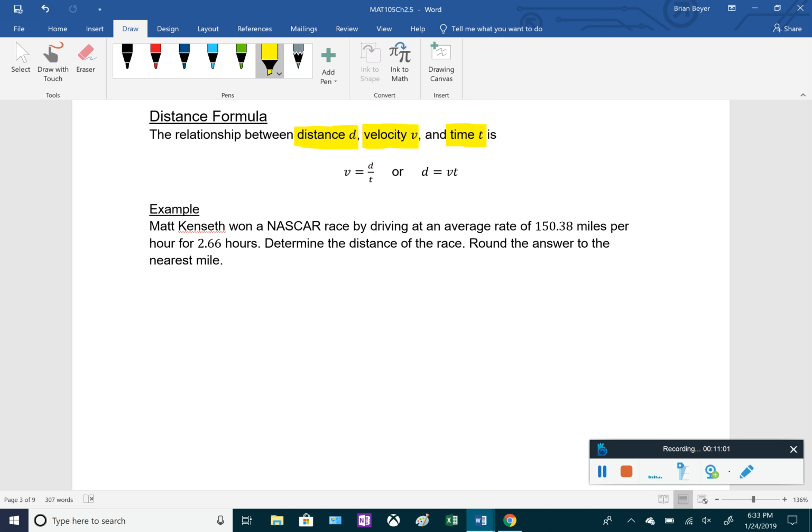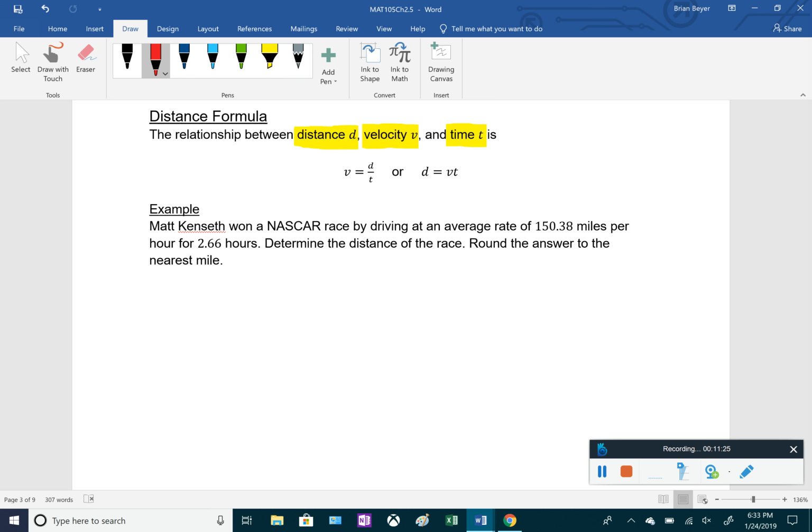Okay, so let's do an example here. Matt Kenseth won a NASCAR race by driving at an average rate of 150.38 miles per hour for 2.66 hours. We want to determine the distance of the race. Round the answer to the nearest mile. So let's write down what we have so far.